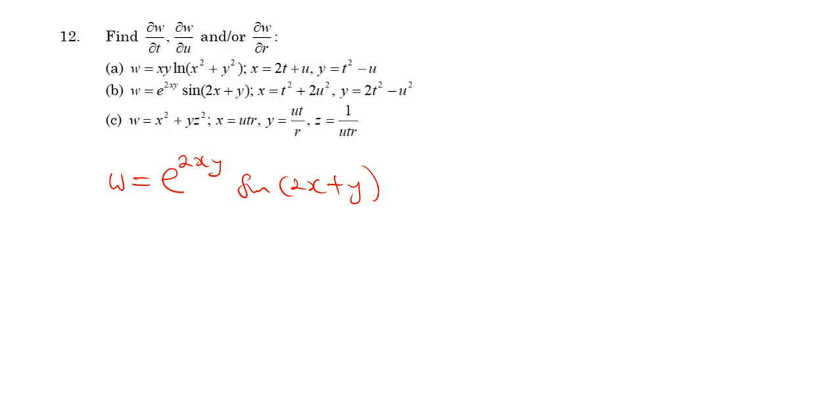Of x and y. So now the chain rule for partial derivatives, which we're going to look at here, is for the function of x and y, which in this case has been defined with two variables. You can see that x is 2t plus u, and y is t squared minus u. So they are both functions of t and u.